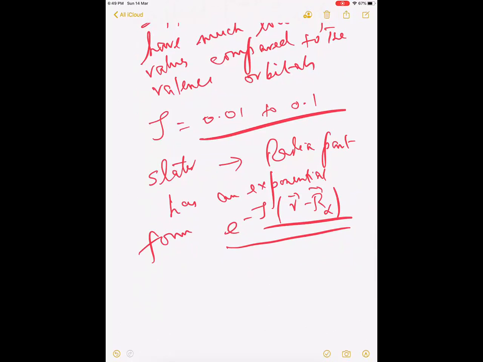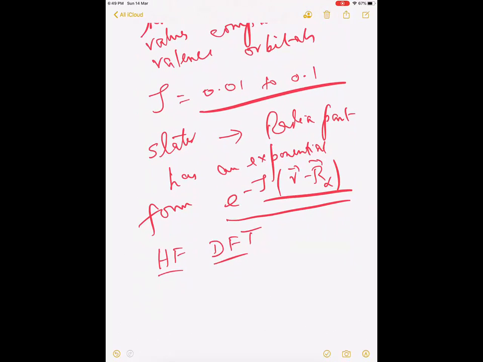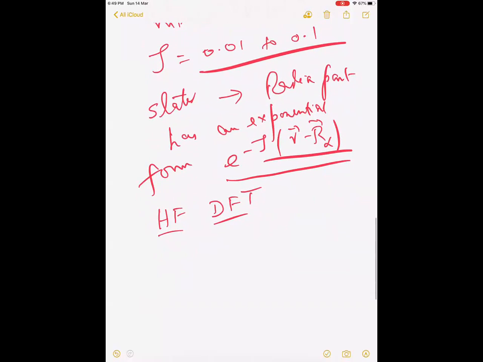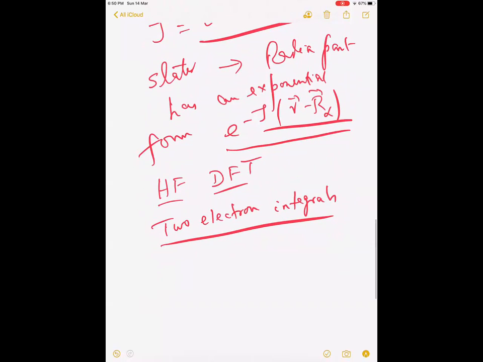In all of the Hartree-Fock and density functional theory calculations, whether you do Hartree-Fock, ab initio, whatever, we encounter certain integrals which are called the two electron integrals. Just to understand this part, we have to get into this. The two electron integrals appear when I calculate the Hamiltonian matrix element, or even in DFT, where I have orbitals. Remember, Kohn-Sham DFT has spin orbitals, right?